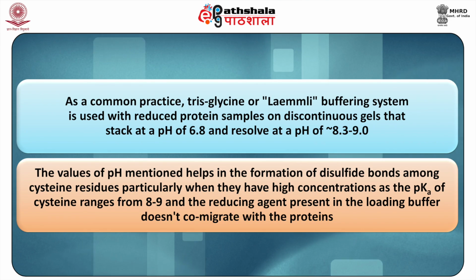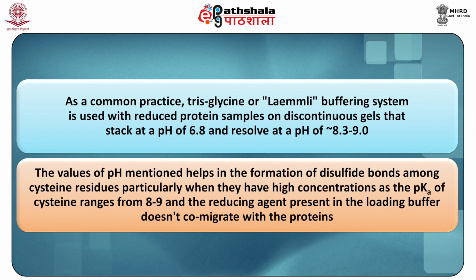As a common practice, tris-glycine or Laemmli buffering system is used with reduced protein samples on discontinuous gels that stack at a pH of 6.8 and resolve at a pH of approximately 8.3 to 9.